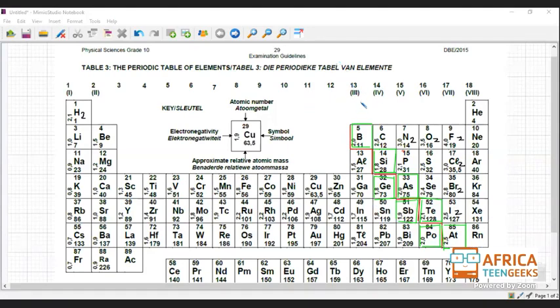Then group 13 has 3 electrons. Most of them are metals, so they like to donate. Group 14, here we start with non-metals. So they'll either take electrons or, here at the bottom, if they are metals, they will donate electrons. Like we said, carbon, weird and wonderful. Then we get to group 15.